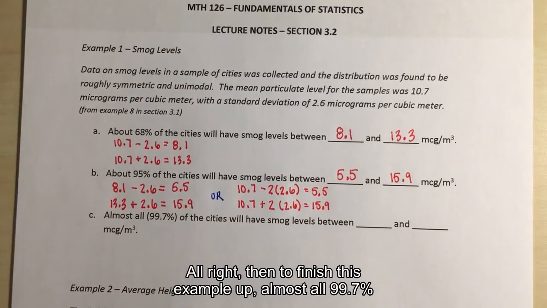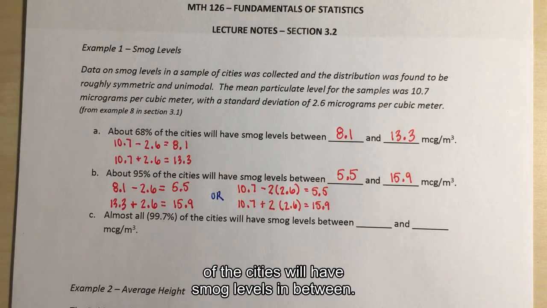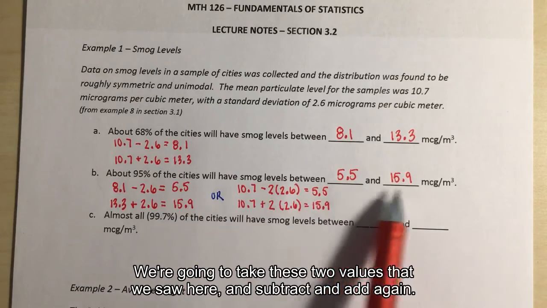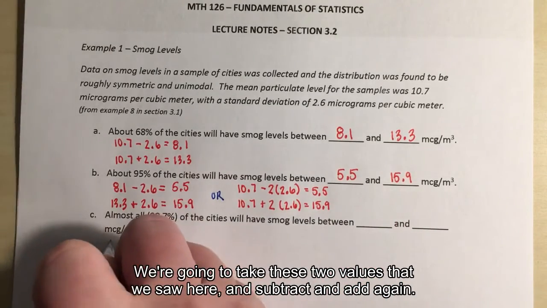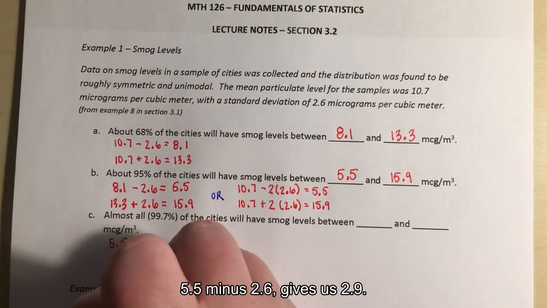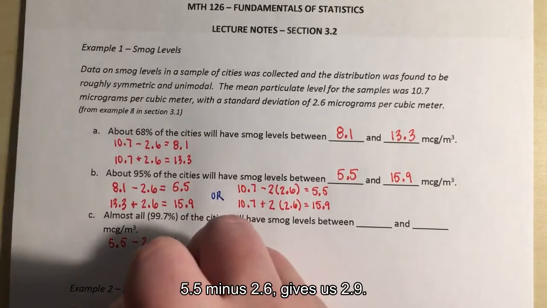To finish this example up, almost all, 99.7% of the cities, will have smog levels in between. We're going to take these two values that we saw here and subtract and add again. So 5.5 minus 2.6 gives us 2.9.